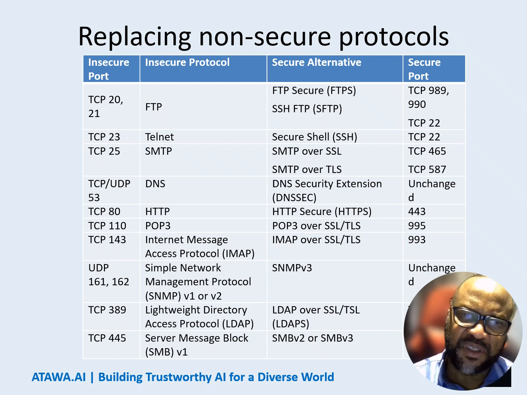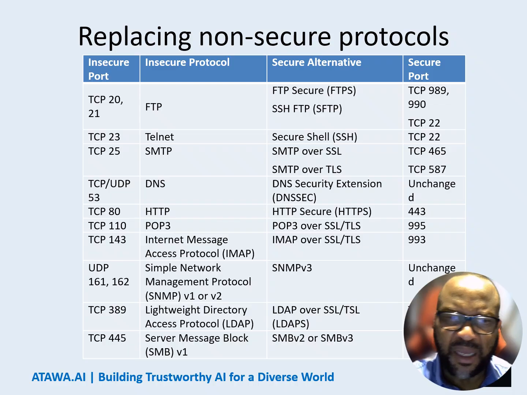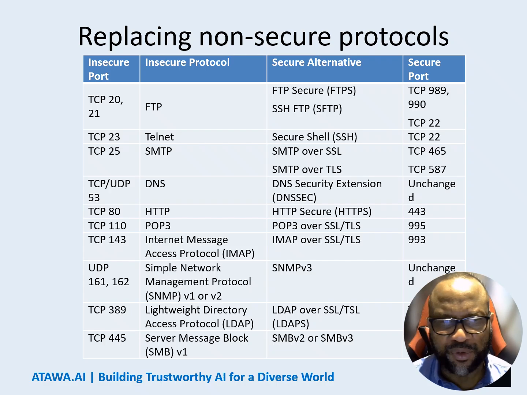The secure versions of each one are there. SMTP, I told you, 25. DNS is 53. I already mentioned HTTP and HTTPS, 80 and 443. POP3, 110. IMAP, even IMAP version 4, 143. You really have to memorize these ones.